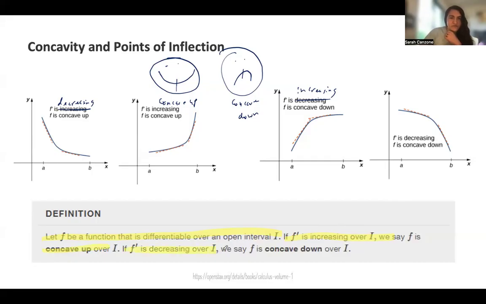If your first derivative is decreasing, then we're concave down. So I don't love this definition. This definition is in terms of the first derivative, but concavity isn't first derivative. Concavity is second derivative.